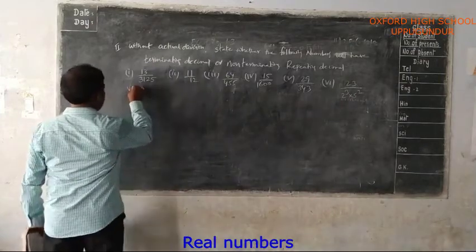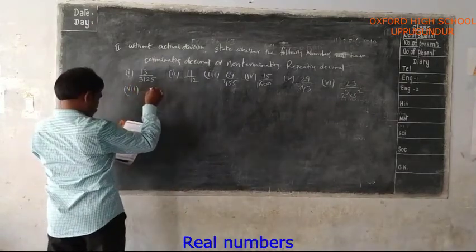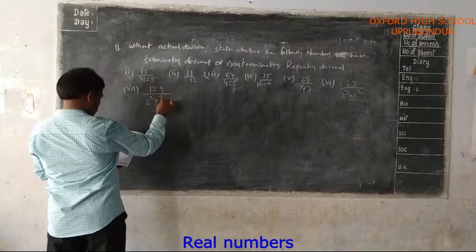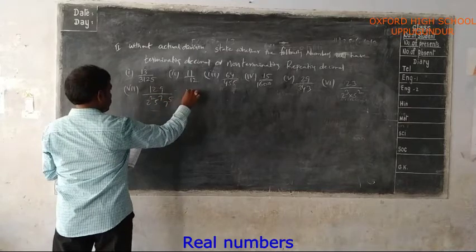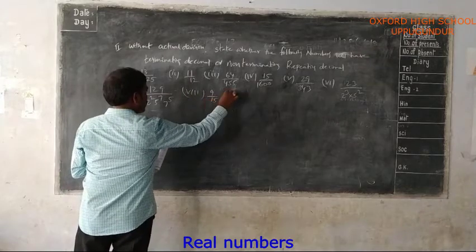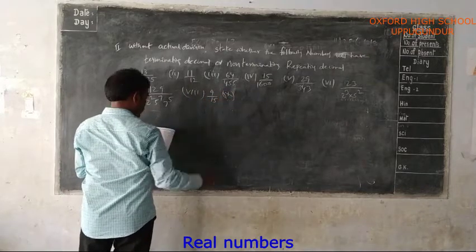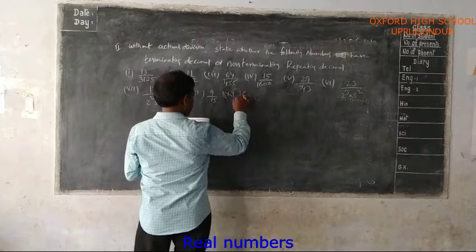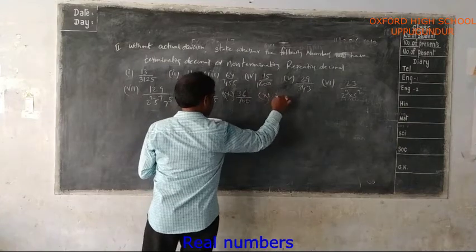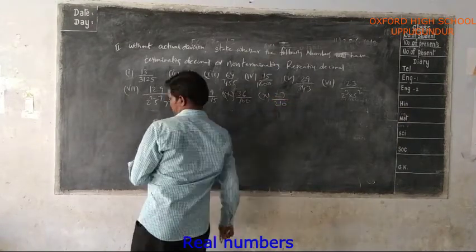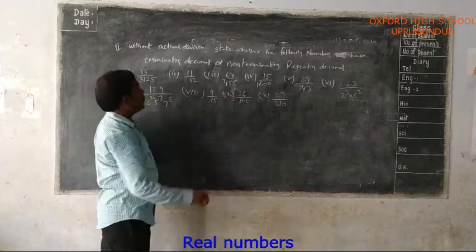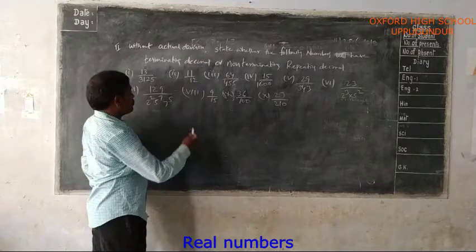Seventh one, 129 by 2 square, 5 power 7, 7 power 5. Eighth one, 9 by 15. Ninth one, 36 by 100. Tenth one, 27 by 2. To write the decimal forms of all these rational numbers without actual division, you have to say whether they are terminating or non-terminating repeating decimals.